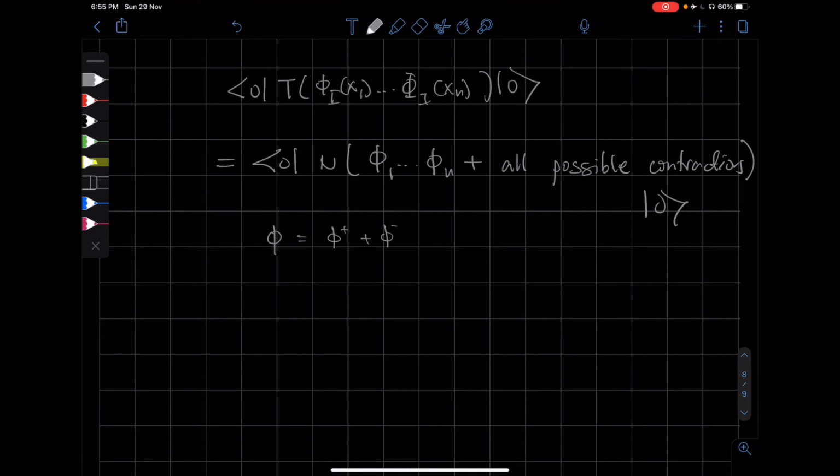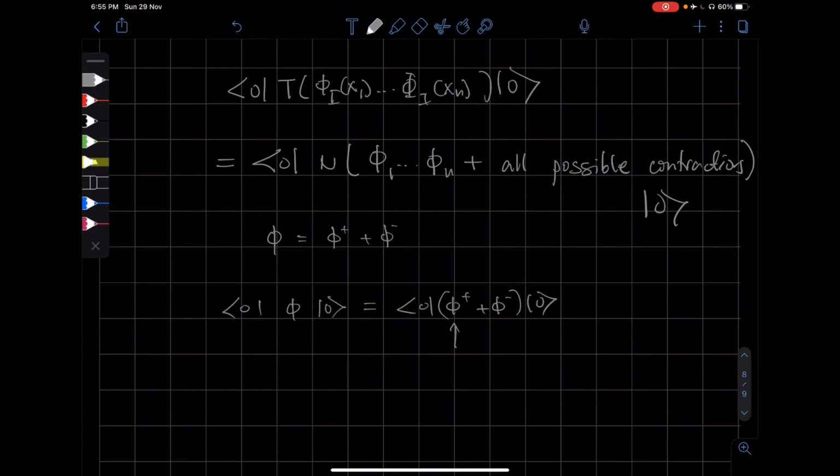And if I apply phi to the vacuum from both sides, then we will have phi plus plus phi minus. So this thing has a creation and annihilation operator.